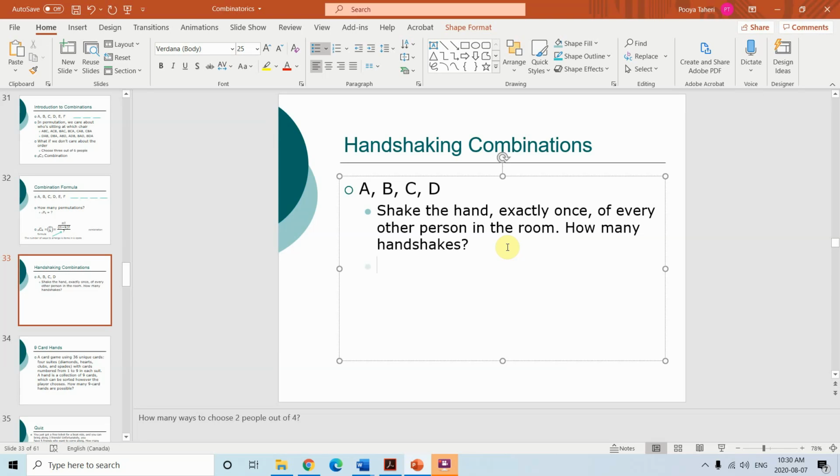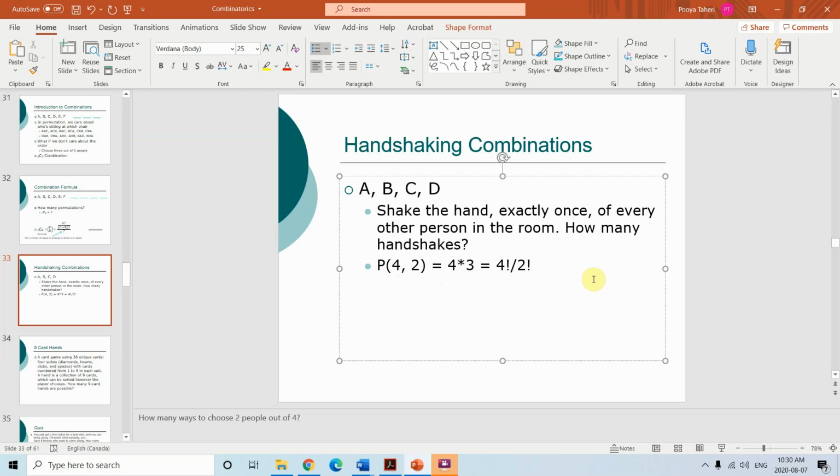We have 2 places and 4 objects, so it's going to be 4 times 3, or it can also be written with factorials. If I write this as P of 4 comma 2, it's going to be equal to 4 times 3, or 4 factorial divided by 2 factorial.